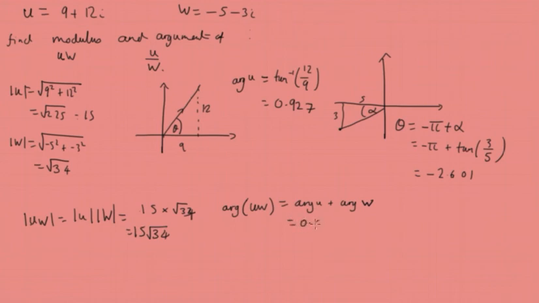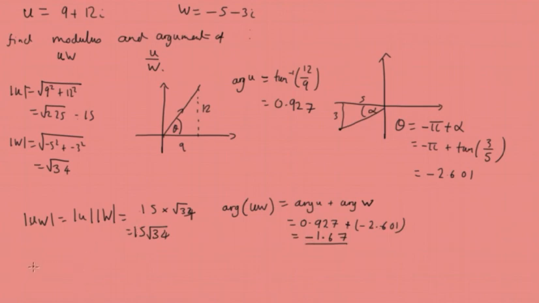So it's 0.927 plus minus 2.601, which comes out at minus 1.67. And remember, this is always in radians.